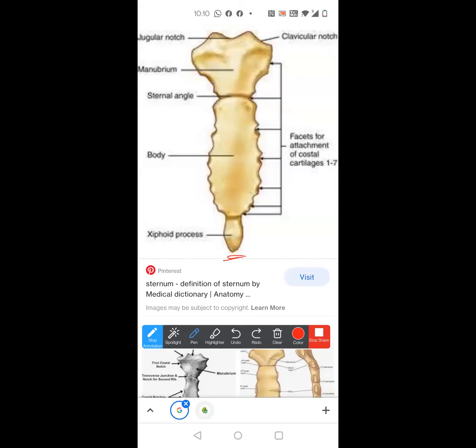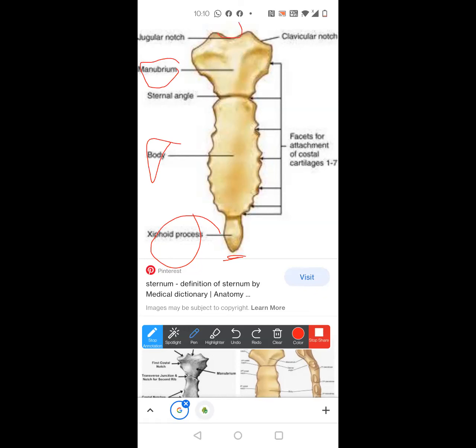But in some of the AIIMS papers, you would see the term xiphoid process. The xiphoid process is the posterior tail-like structure present in the sternum. The middle portion is called the body, and the top portion is called the manubrium. The topmost is the clavicular notch, the small curve-like structure.